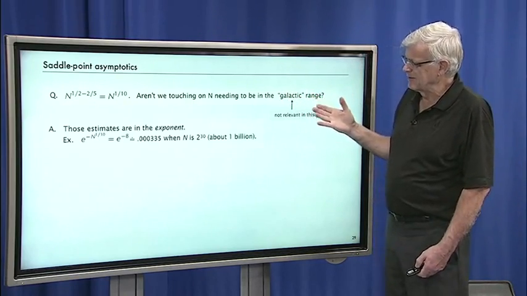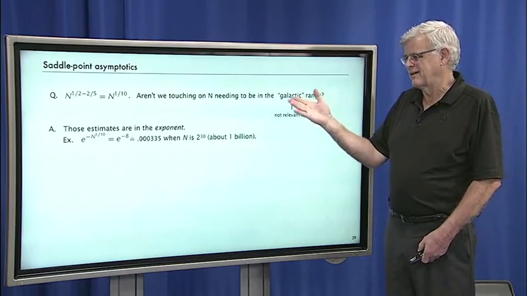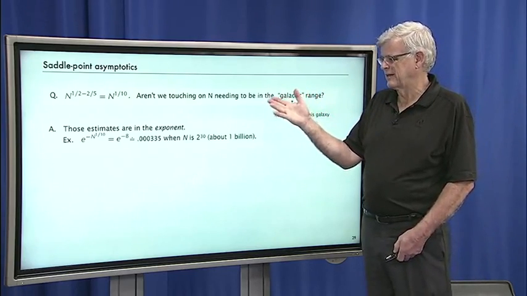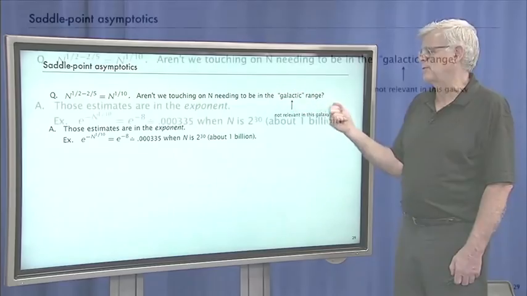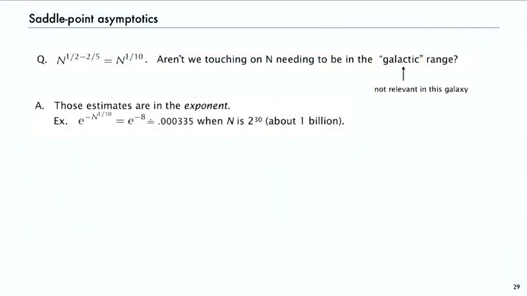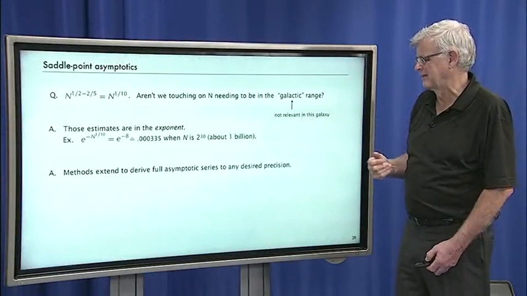Is that a problem here? Actually it's not, because in these cases we're talking about estimates that are in the exponent. So if n is like 1 billion, these estimates are still something that we care about and that matter, because it's in the exponent.